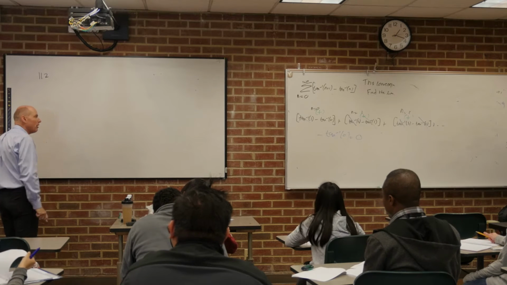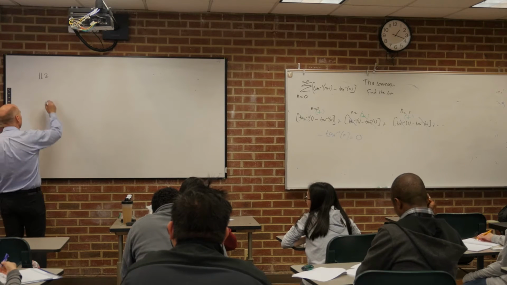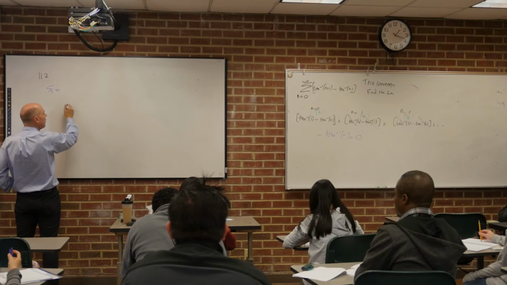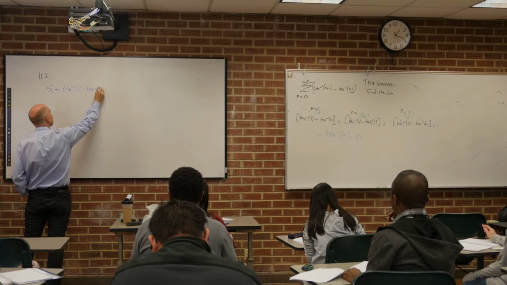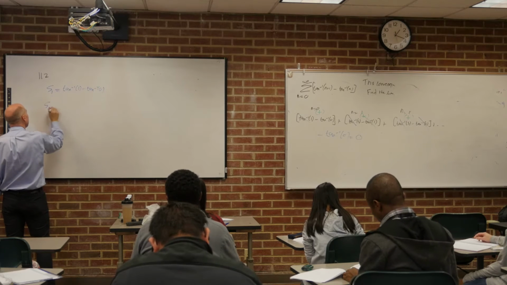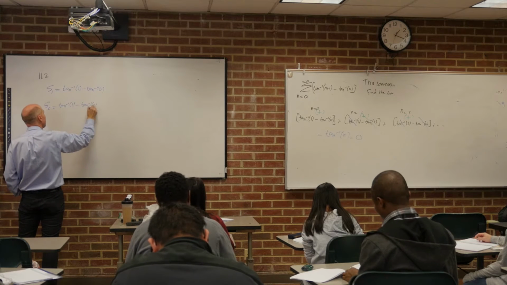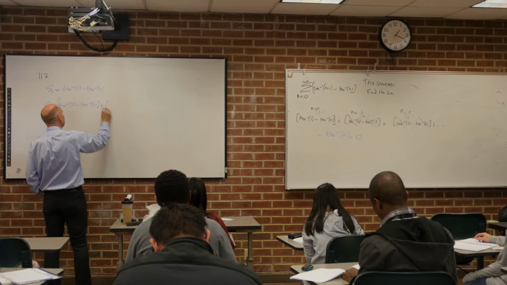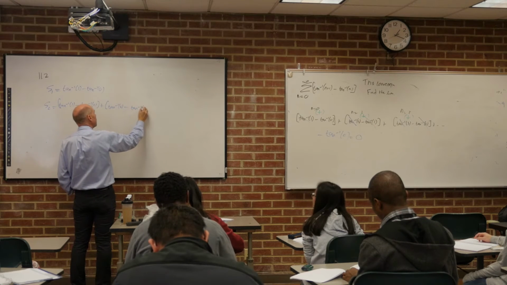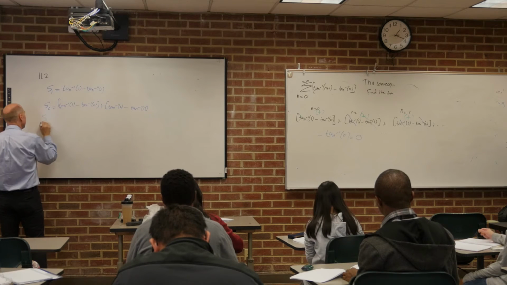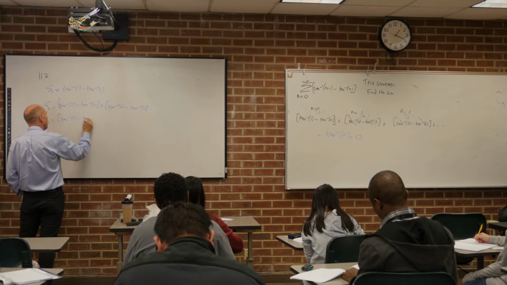So the real way to understand what's going on with an infinite series is to do the sequence of partial sums. S1 is arctan 1 minus arctan 0. S2 is arctan 1 minus arctan 0 plus arctan 2 minus arctan 1. S3 is the first 3 terms.